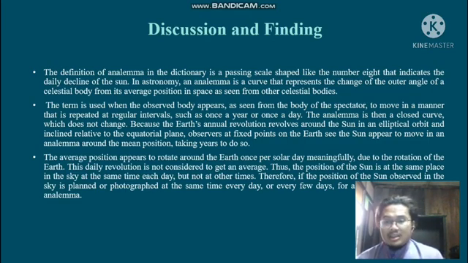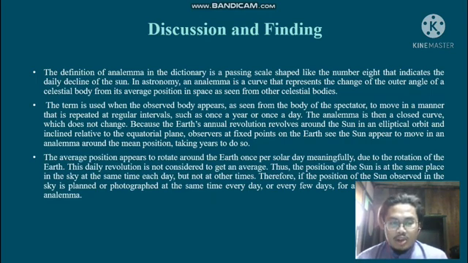The analemma is then a closed curve which does not change, because the Earth revolves around the Sun annually in an elliptical orbit that is inclined relative to the equatorial plane. An observer at a fixed point on the Earth sees the Sun appear to move in an analemma around the mean position.